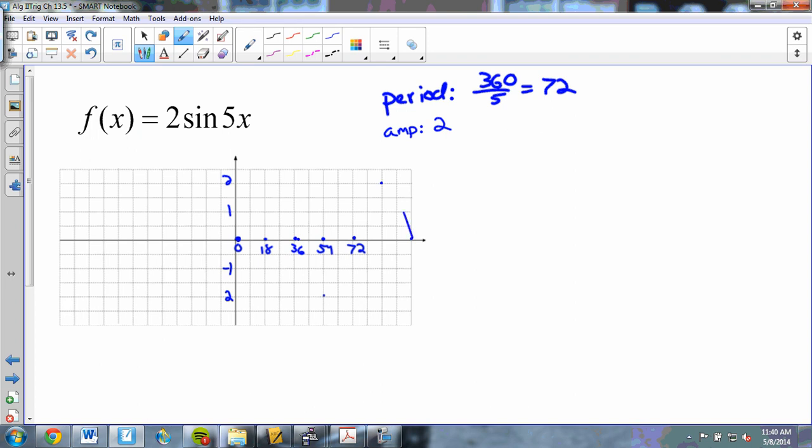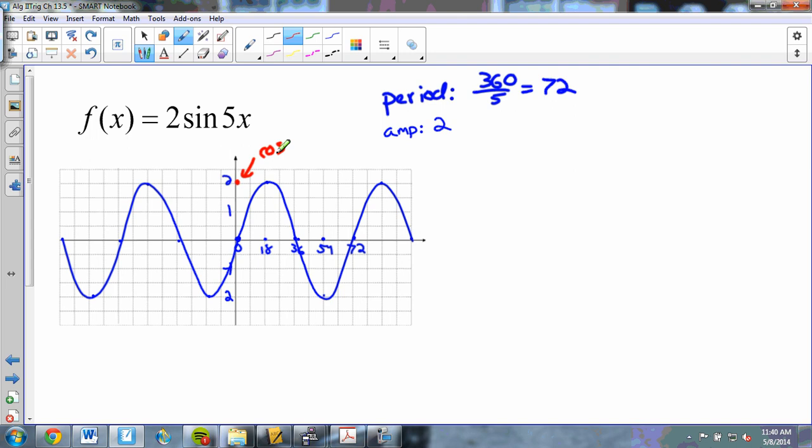I can think about this curve as high, middle, low, middle, high, middle, low, middle. And there's my other half. If it was a cosine function, it would have started high instead of starting in the middle. Cosine would have started way up here, and then it would have gone middle, low, middle, high, but I'm not going to worry about graphing that because that'll confuse you.